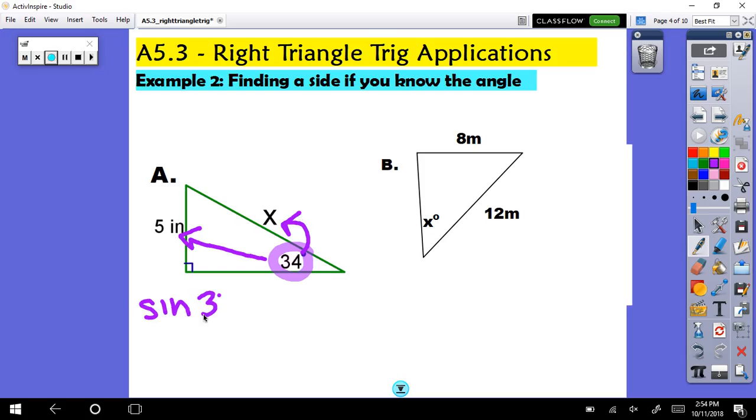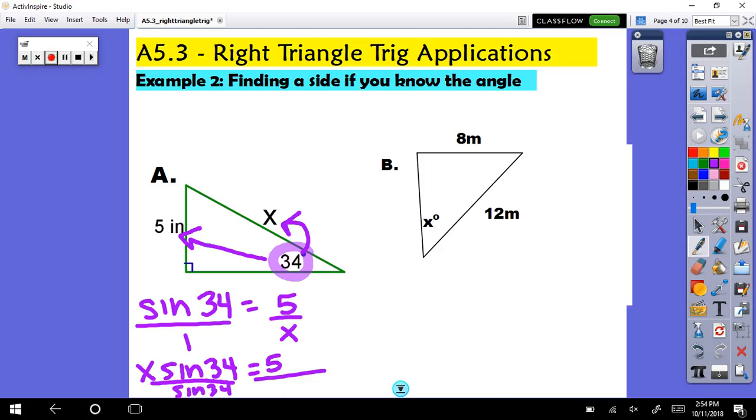Sine 34 equals 5 over x. Put the sine 34 over 1 and cross multiply. So x sine 34 equals 5. Divide by sine 34. So x is going to equal, go to your calculator, make sure that you're in degree mode because now we're talking about angles.